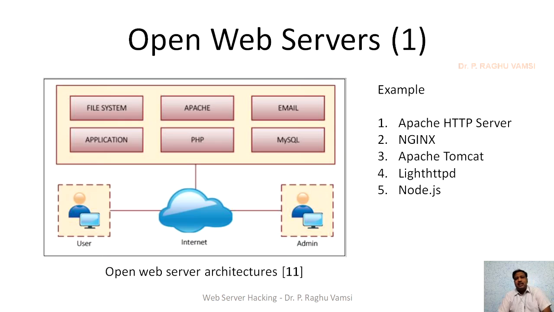The open web server architecture is very simple. It has very few components, which are interconnected in their own way. Many people have developed their own architecture. In Java programming, you can develop your own server, and using Python programming also. If you refer to the Java Complete Reference, there is separate code.